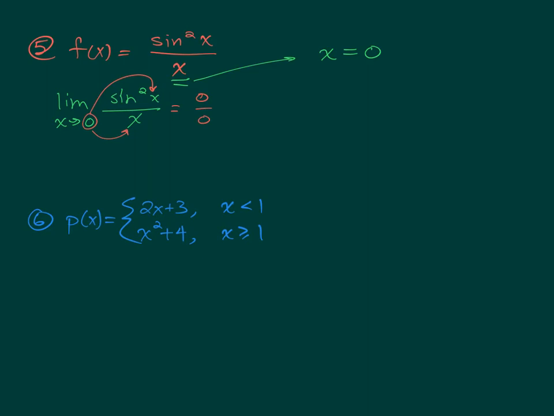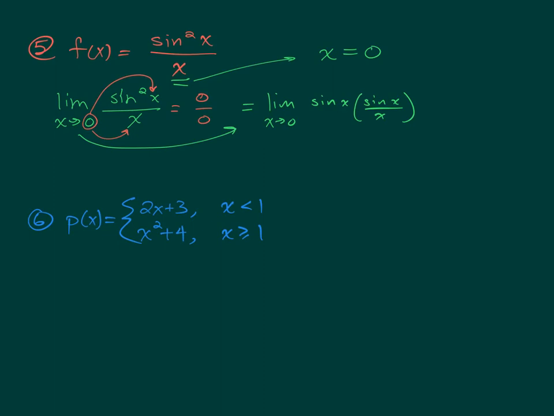So that means this function can be simplified a little bit so that we are able to find a limit. So this function can be simplified first by separating off one of the sine of x's.